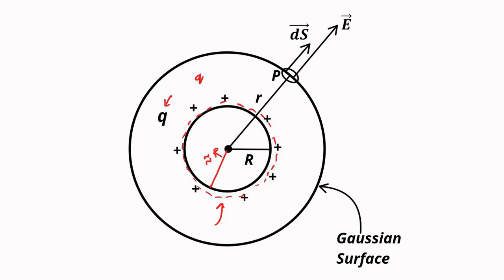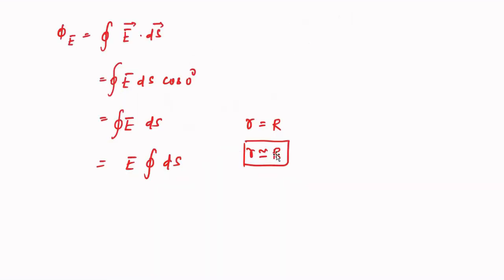So here r will be nearly equal to capital R. So this will become E into 4 pi capital R square, because the surface area of a sphere is equal to 4 pi R square. So this is the electric flux.